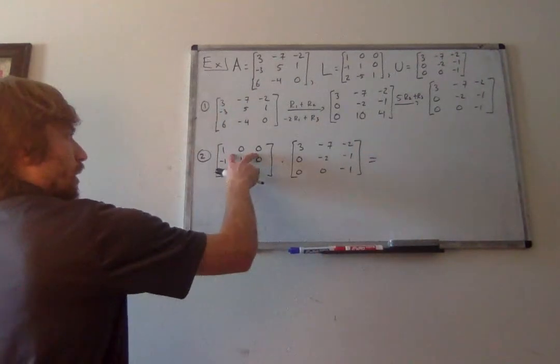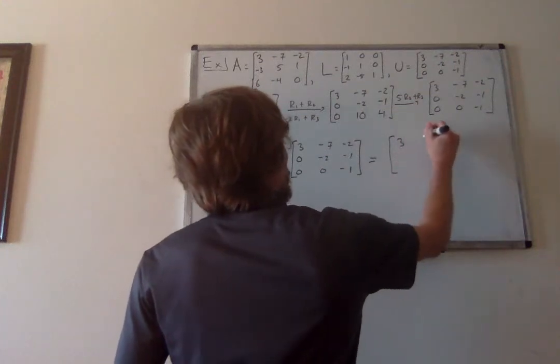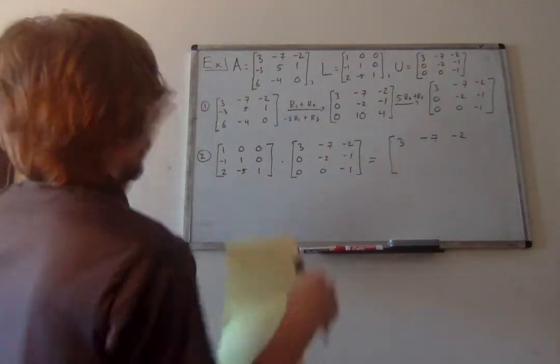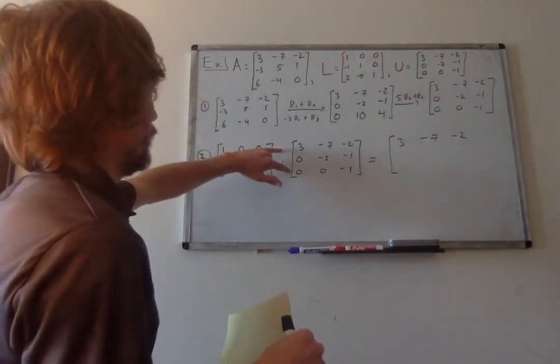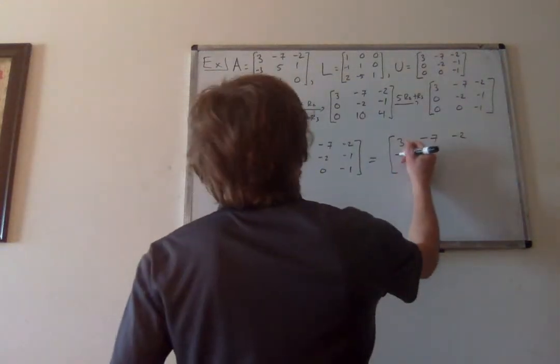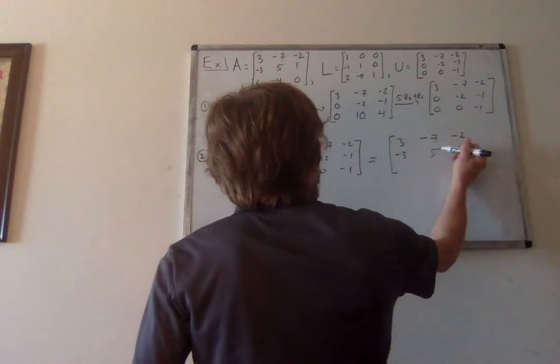Well, going across this first row, notice I just get the first row back. Going across the second row, matching up this second row with each of these columns, first off, I'm going to get -3. Then I get 7 minus 2 is 5.